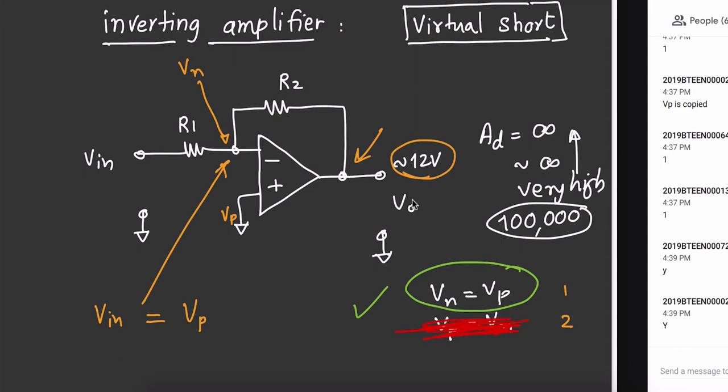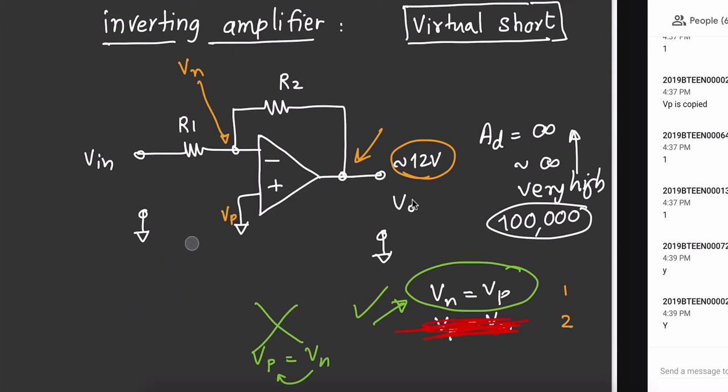So from now onwards, I repeat, you will not forget this equation: Vn is equal to Vp. You should not write Vp is equal to Vn. This should not be written, because Vn is not copied to Vp.